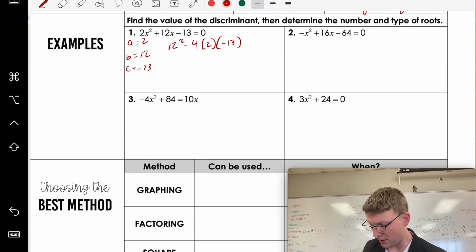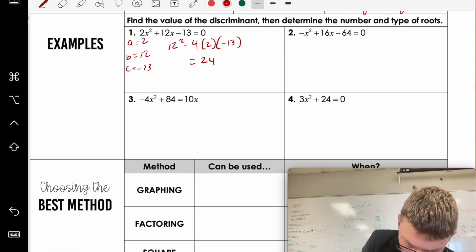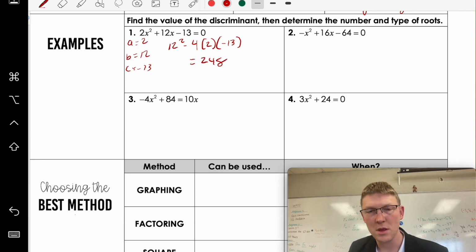I'm going to type in 12 squared minus 4 times 2 times negative 13. It's going to do the order of operations correctly as long as you enter it into your calculator correctly. All of that equals 248.